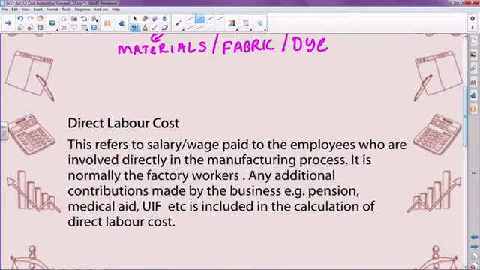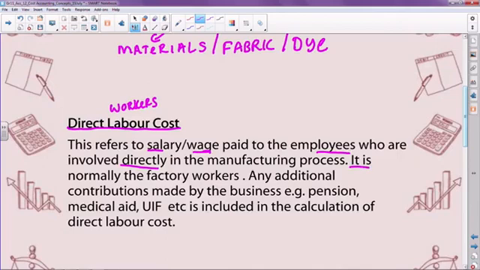Right, let's now move on to the next concept. The second concept, absolutely important, is your direct labor cost. Right, now we know the word labor obviously refers to the workers. Okay, so let's read through this definition. This refers to the salary or the wage that is paid to the employees who are involved directly in the manufacturing process.